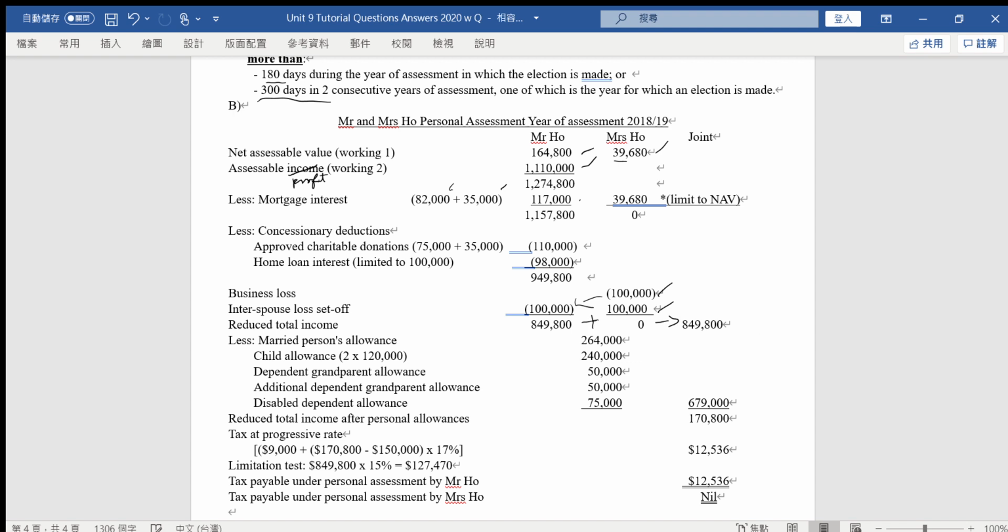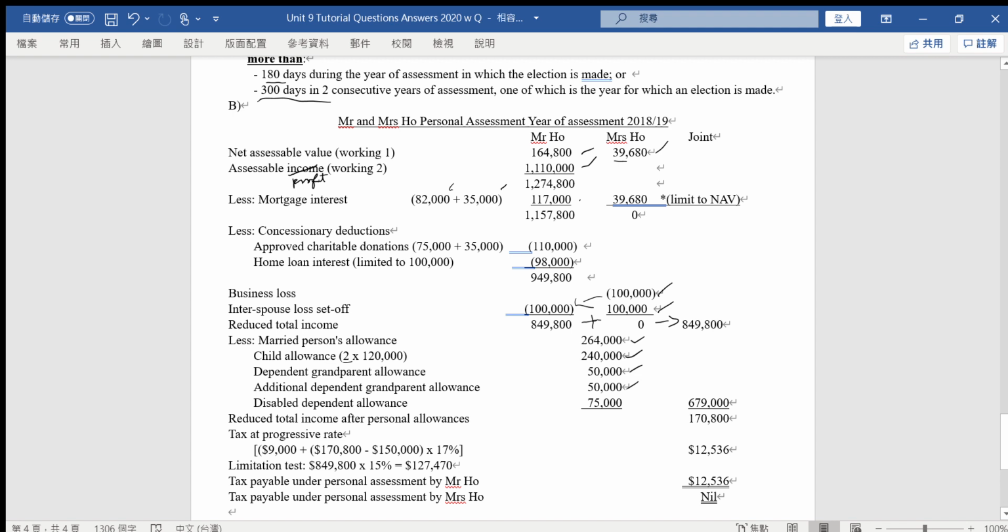Okay, aggregate, and then there will be a one column calculation. Okay, and then we'll deduct married person allowance, child allowance too, right? Two. Okay, then his grandparent, dependent grandparent allowance, additional because throughout the years he lived with his grandparent.